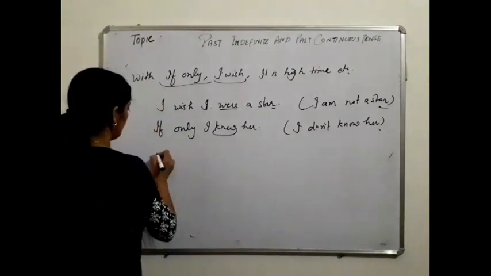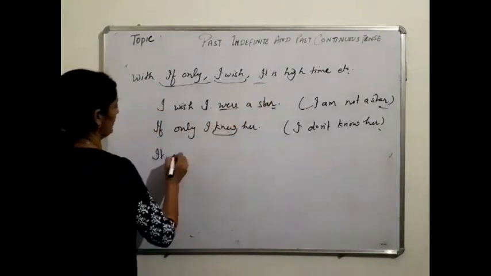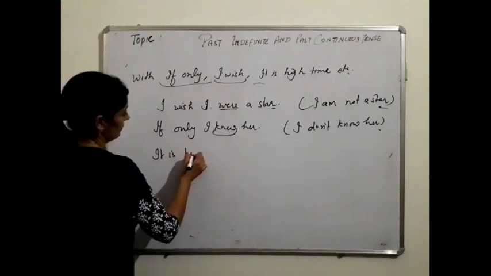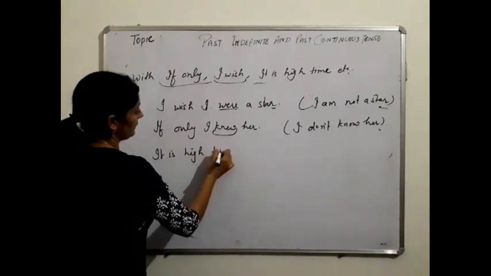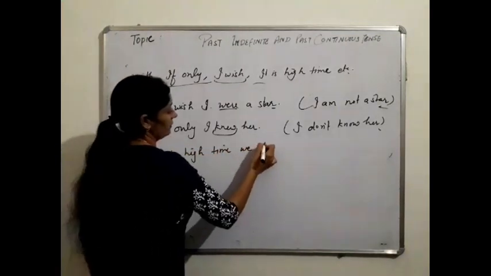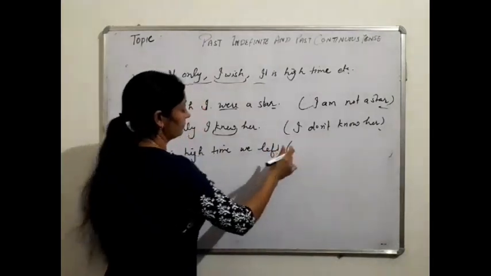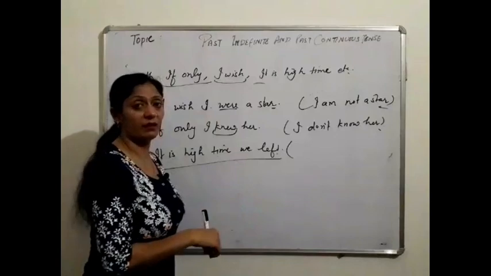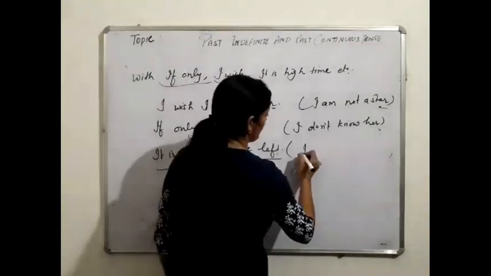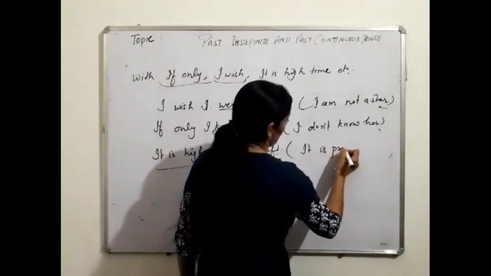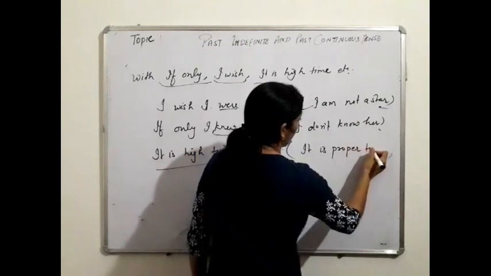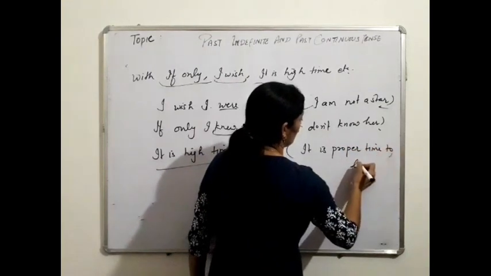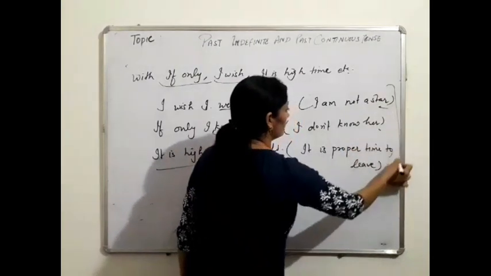Okay. Next is, as I say, it is high time we left. The sentence is in past but it is presenting our present condition. It means it is proper time to leave.